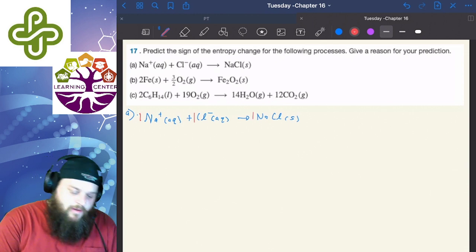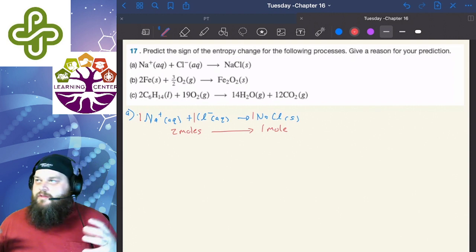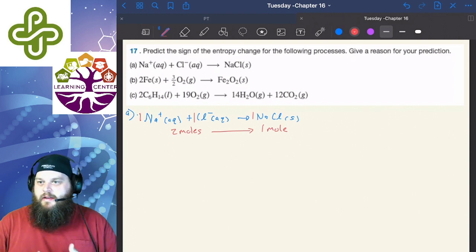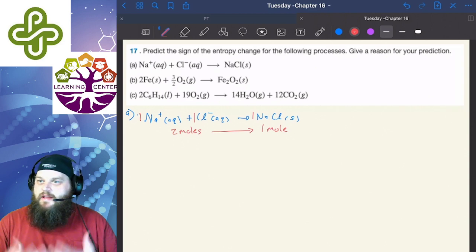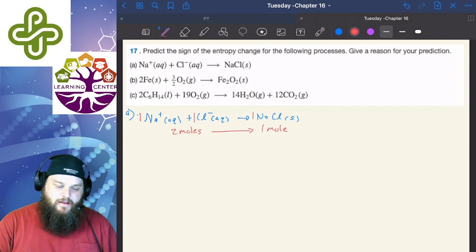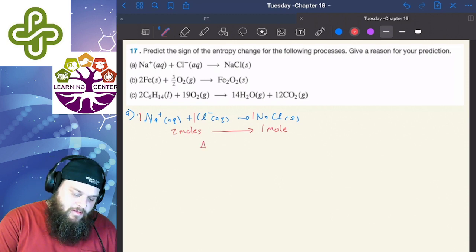So since we're going from 2 moles to 1 mole, I'm going to say that's most likely a reduction in entropy. We have less entropy in the product than we do in the reactant. So that would mean the delta S is a negative value.